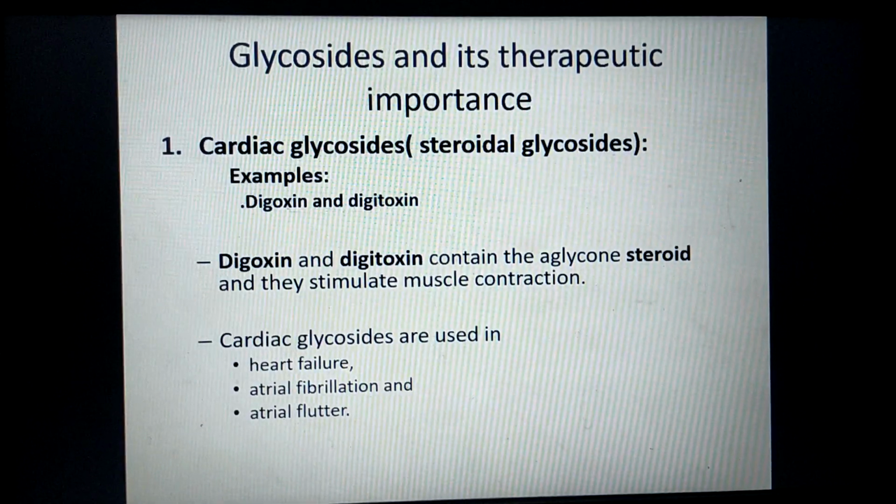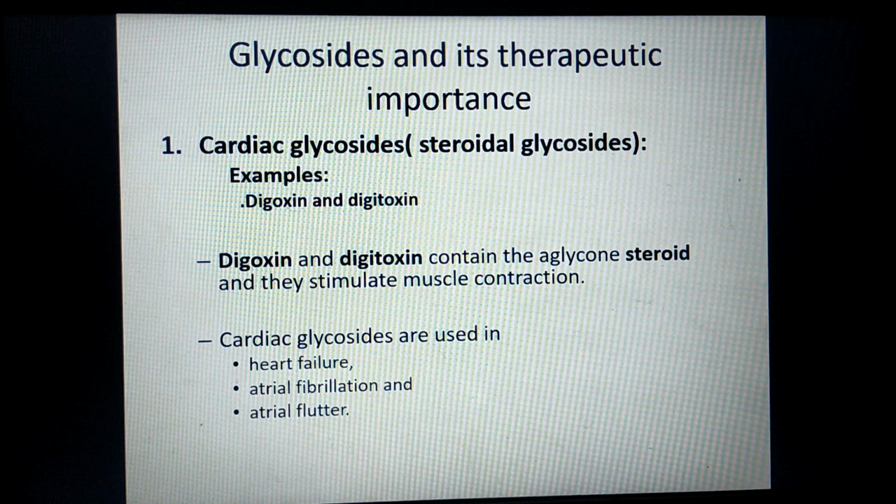Now coming to the therapeutic importance of glycosides. The most important glycoside is cardiac glycoside. In this, the examples are digoxin and digitoxin.